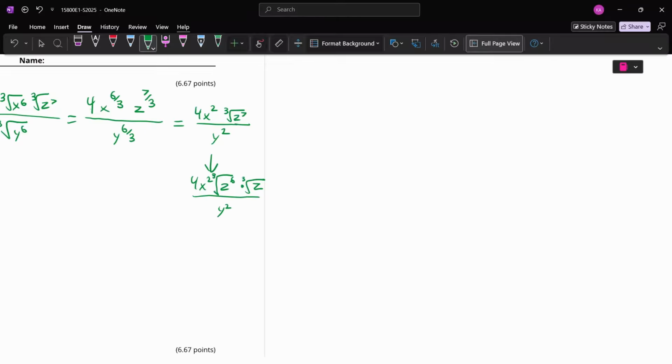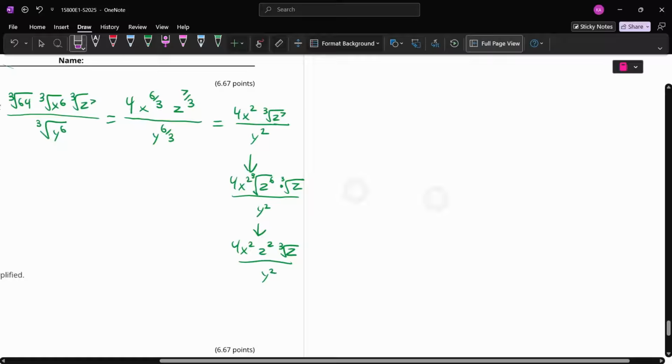And then focus on these z's individually, and you should end up with something that looks like 4x squared times z squared times the cube root of z. Since this z is to the first power, that's as low as it can go, unless you want to rewrite it as a 1/3 power. So you'd end up with the cube root of z, and then y squared.